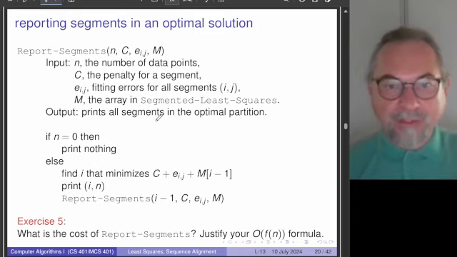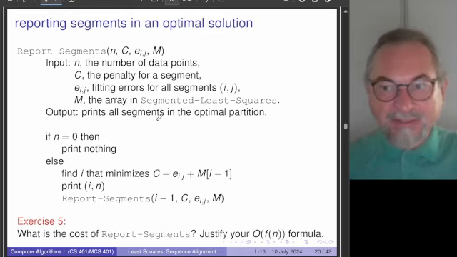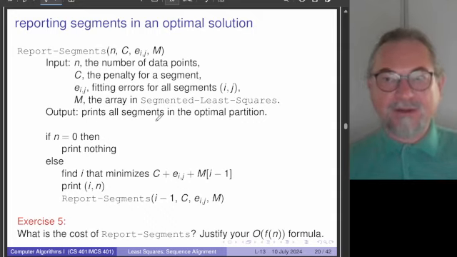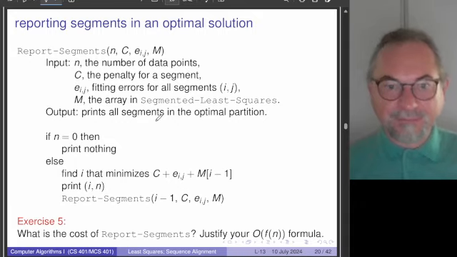How many calls can you have? Well, in the extreme case, you can have as many segments as you have data points. This is highly unlikely, but that's already one bound.